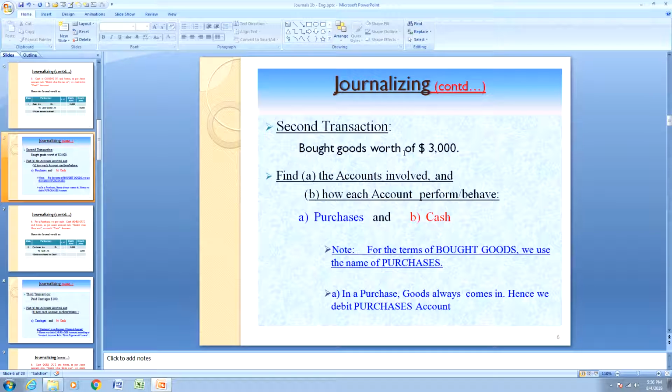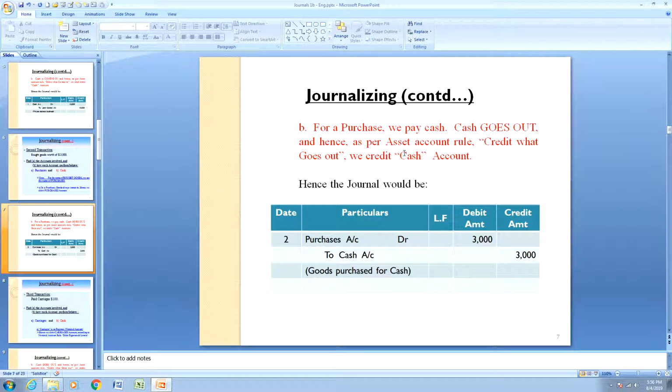Hence, we debit purchases account. For a purchase, we pay cash. Cash goes out, and hence, as per asset account rule, credit what goes out, we credit cash account. Hence the journal would be purchases account debtor $3,000 to cash account $3,000.